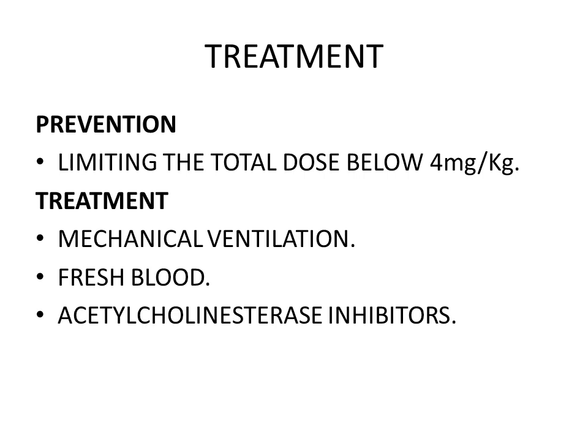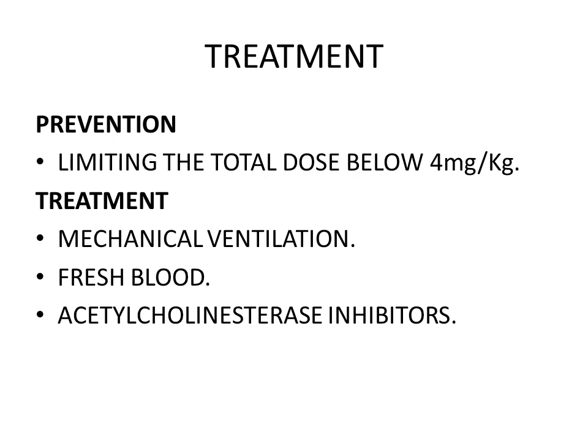So the treatment is mainly prevention. Give the dose below 4 mg per kg. The treatment for phase 2 block is mechanical ventilation. Ventilate the patient adequately till the effect of the drug wanes off.